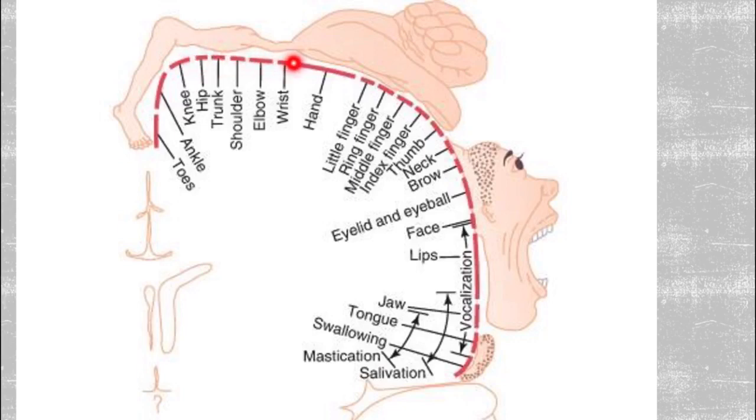So this representation within the cortex doesn't depend on the size of the body, but on how fine the movements are supposed to be. The finer the movement, the more representation within the cerebral cortex. This is for the hand muscles, this is for the facial muscles, and this entire one is for the muscles of mastication, tongue, salivation, swallowing, all these things.